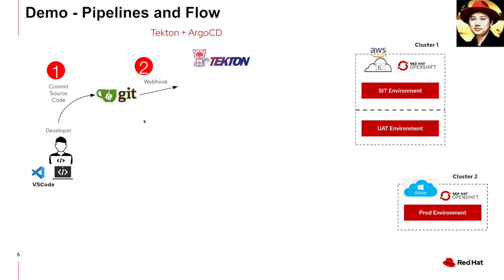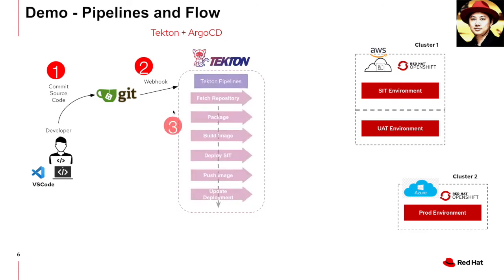Once I commit, it will trigger the Tekton pipelines with a webhook. And then it goes through the whole steps within the pipeline, for example, fetching the source code from the repository, doing the packaging, building images, and deploying into my first environment, which is my SIT.